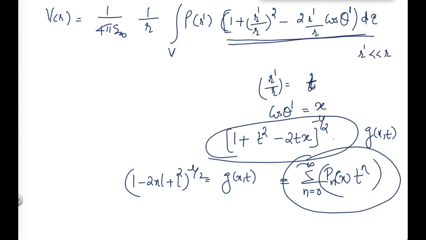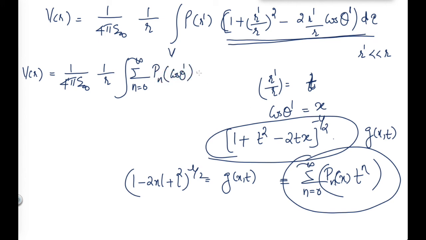Here t is r dash by r. So you can write V of r as an infinite series: 1 by 4 pi epsilon 0, 1 by r, integral over the sum over n equals 0 to infinity of Pn of x, where x is cos theta dash, and t raised to n is r dash by r whole raised to n, times rho of r dash d tau.